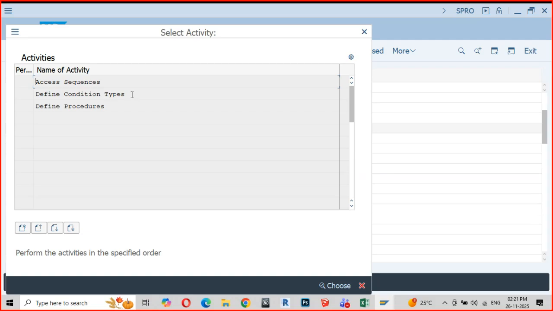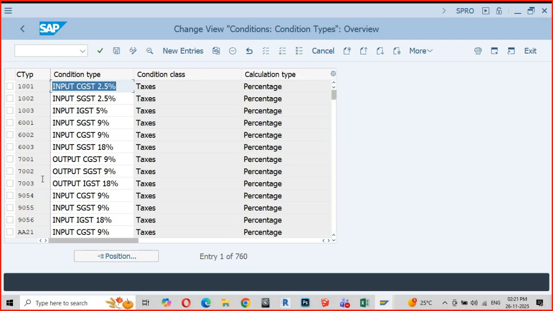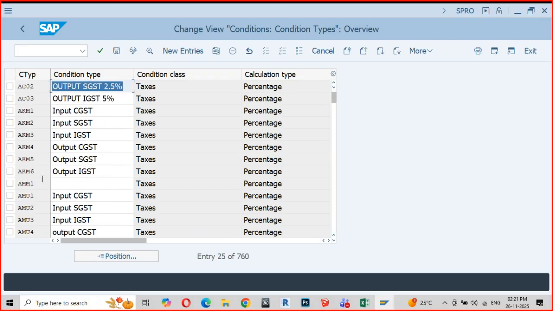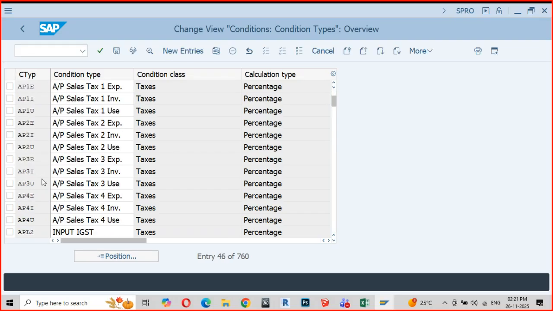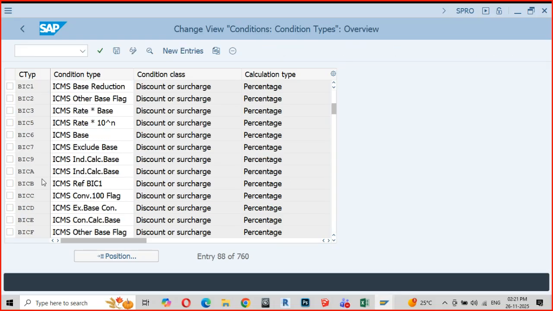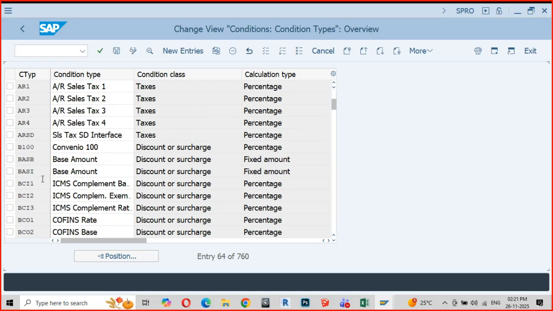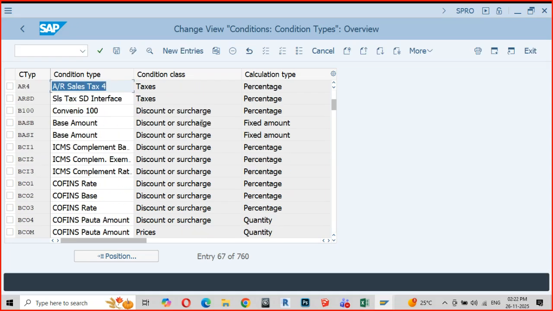Can you see define condition types? Double click. Of course, we are not going to do anything. I'm just showing you a place where you have the condition types. Normally you have BASB, MWAS, where BASB is the condition type for your basic price, the base amount.